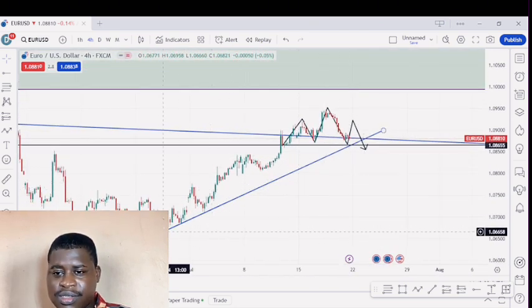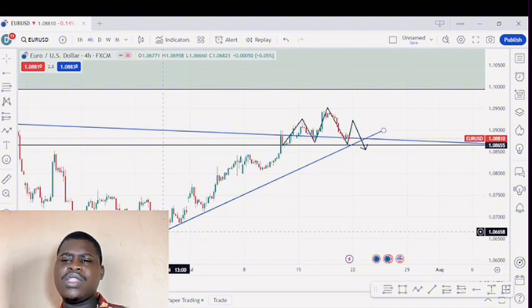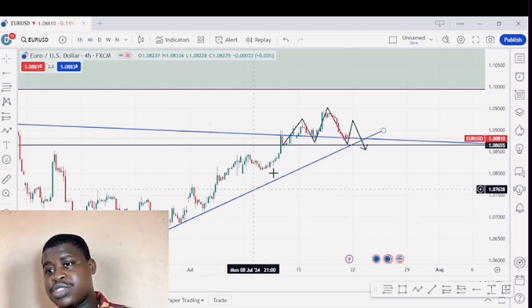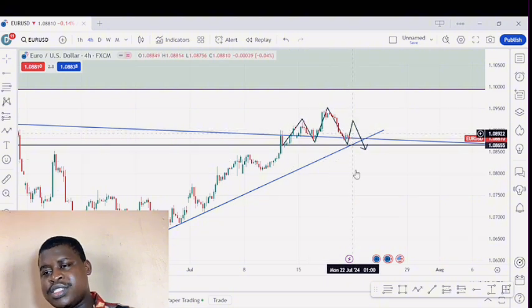So this trend line has been holding for up to a month now, maybe 3 weeks. It started from June 26th. It took about 3 weeks to get here.